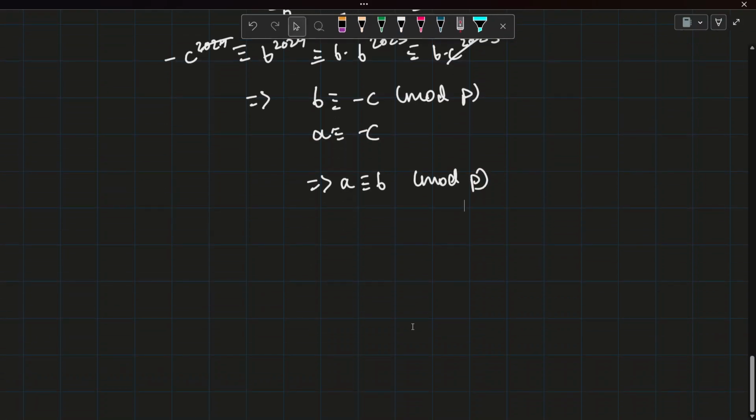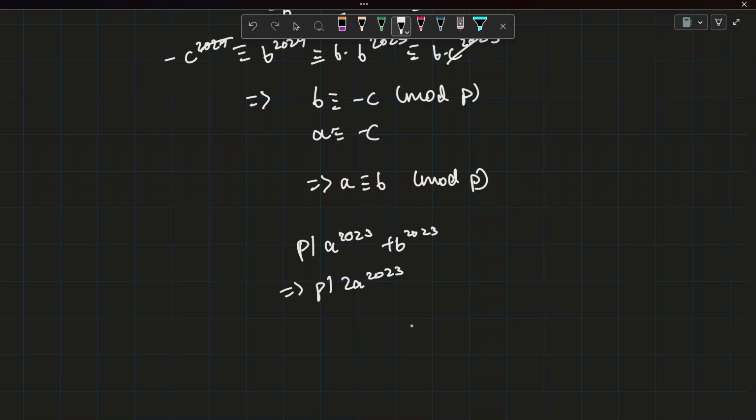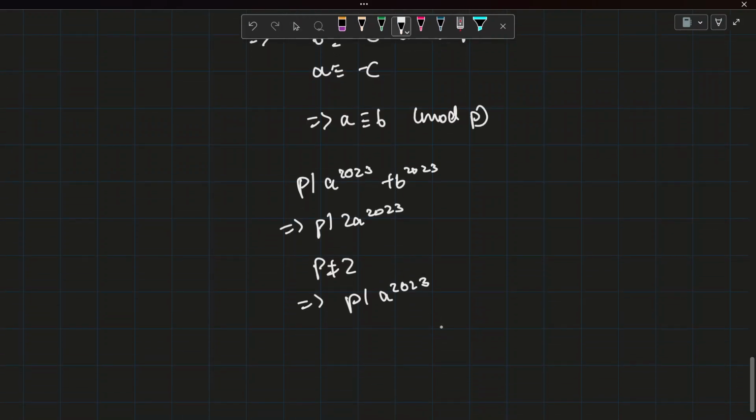Now to conclude the problem, notice that P divides A to the power 2023 plus B to the power 2023, and from this we can conclude that P divides twice A to the power 2023. This is because B to the power 2023 is congruent to A to the power 2023, and because P is not equal to 2, this implies that P divides A to the power 2023, and from this we can conclude that P divides A because P is a prime.